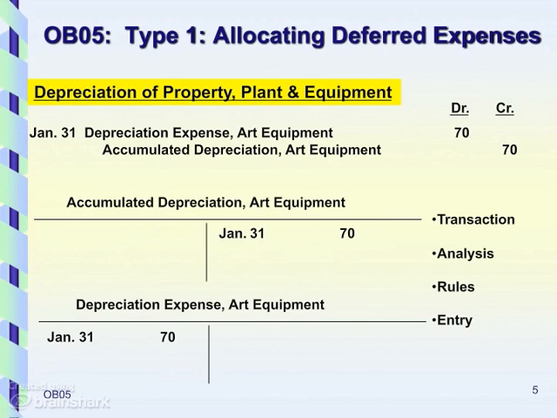Because long-term assets are deferred expenses, the accountant must allocate the cost of the asset over the estimated useful life of that asset. The amount allocated to any one accounting period is called depreciation or depreciation expense. Depreciation, like other expenses, is incurred in each accounting period to help generate revenues for that business.